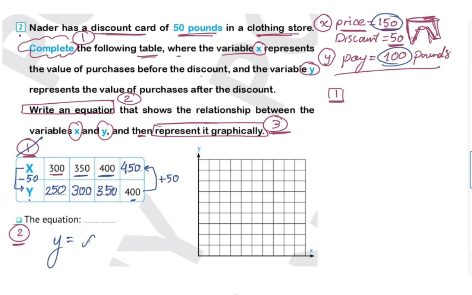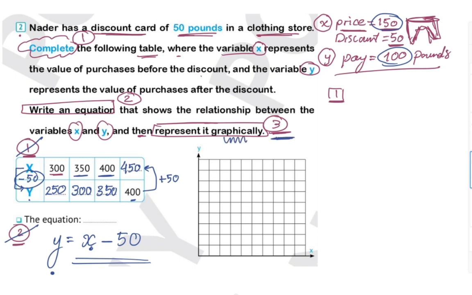So I will pay x minus 50. This is your equation between y and x. Y dependent, x independent, and this is part number 2.